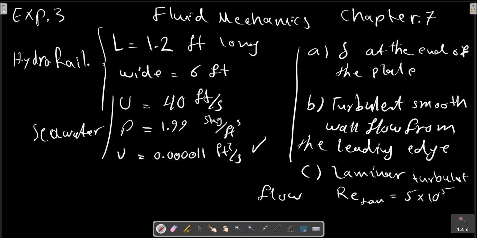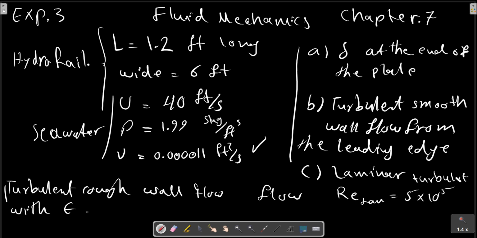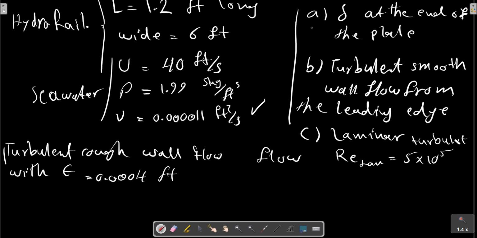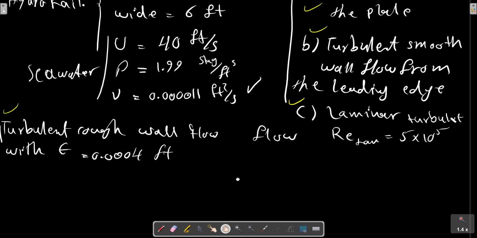D. Turbulent rough wall flow with epsilon equals, for C and D, delta at the end of the plate.